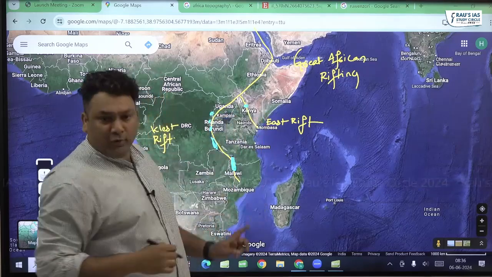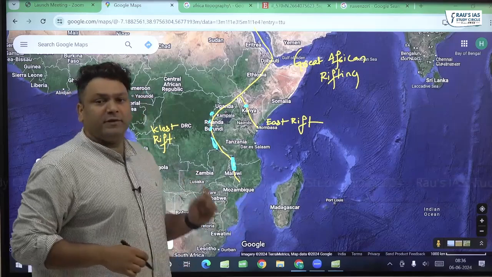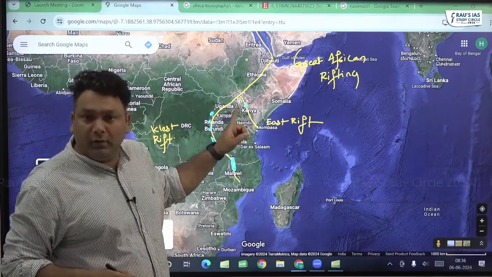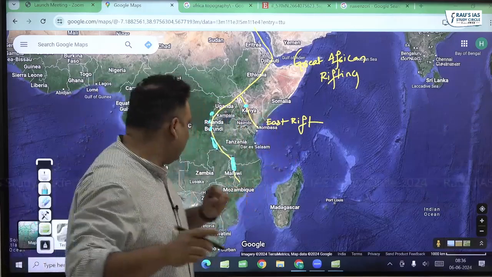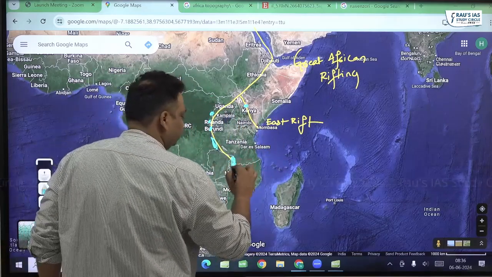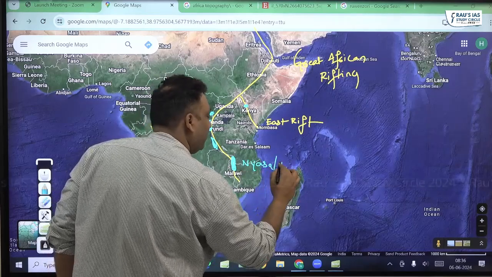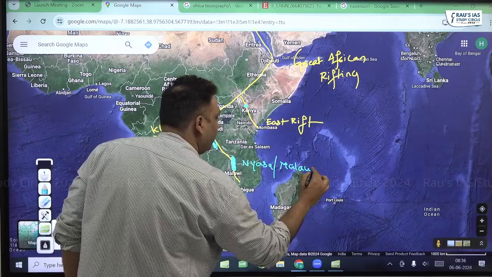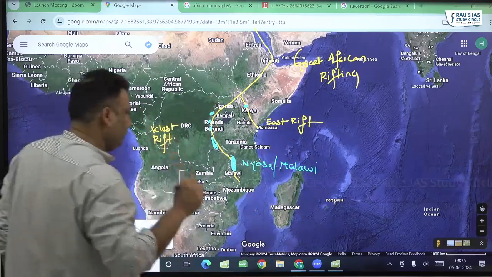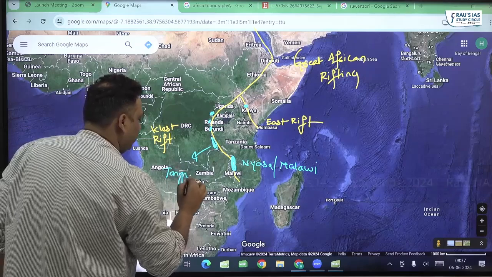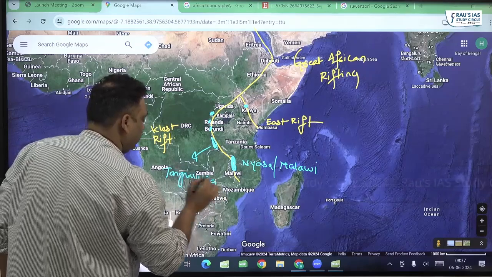And some of the important lakes here are, in examination, what they'll be asking? They'll be asking you to arrange them from north to south or south to north. Now tell me the names here. What is the name of the lake here? Lake Nyasa or Lake Malawi. You can mark this in atlas. You can draw also. This is Lake Tanganyika.